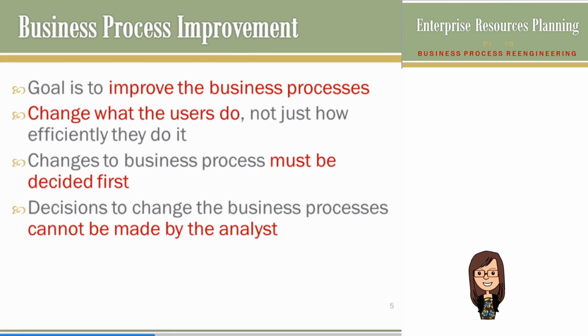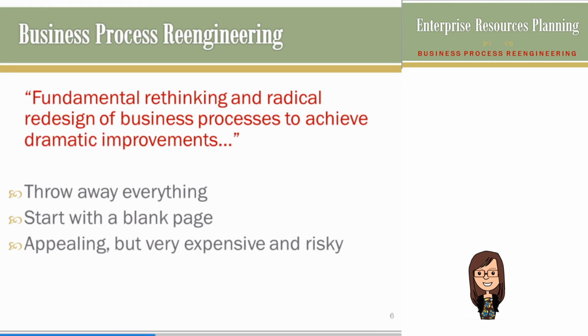Okay, and now we have what we call business process reengineering. So usually when we do the ERP implementation, or when we decide to use the ERP system, we say that the company needs to do business process reengineering. So it means that if previously the process is A, B, C, D, it's possible that the whole process might be thrown away, might be changed, everything.